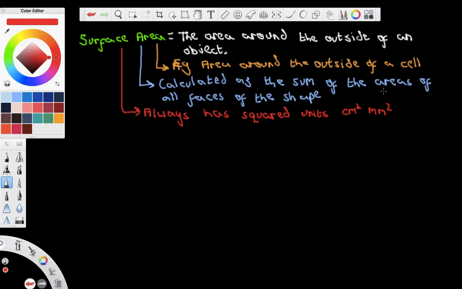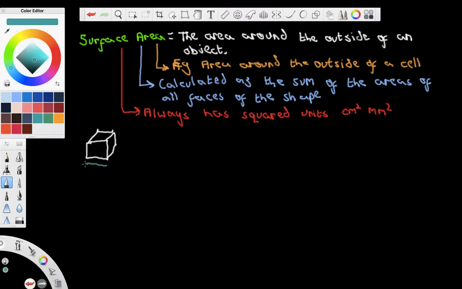Okay? So let's have a think about a cube, because in GCSE Biology you are frequently asked to calculate the area of a cube. So if I draw us a dodgy cube, because as you know I'm amazing at drawing. So there, look at that. Someone call the graphics design department. I want you to imagine I've got a cube, and this cube has the following measurements.